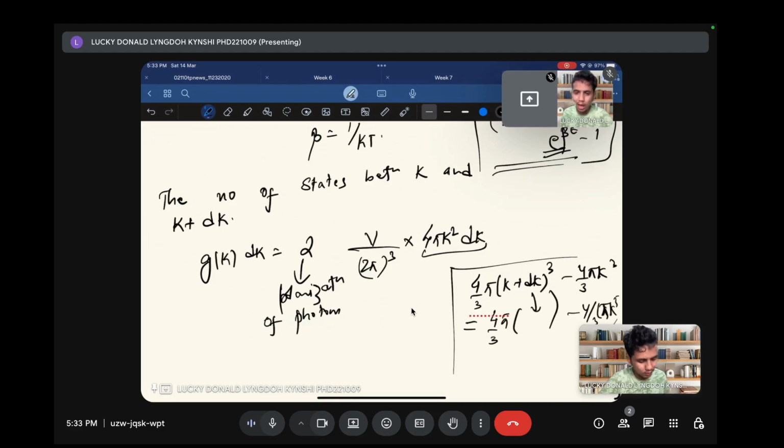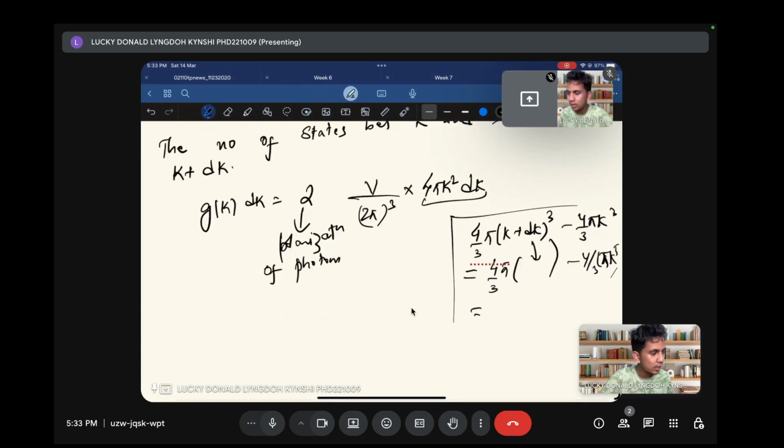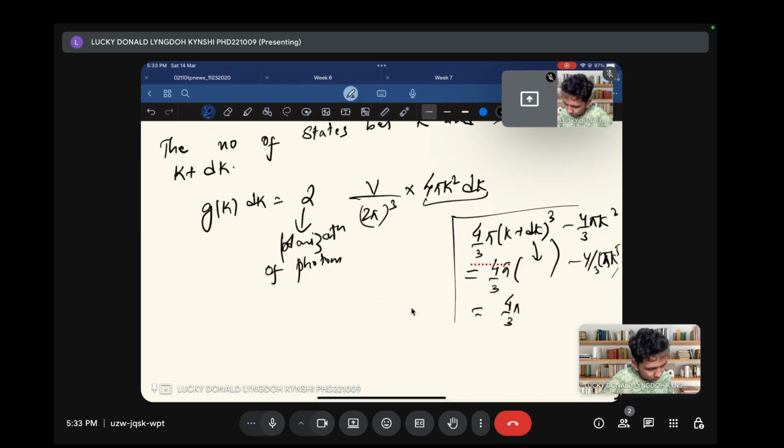cube. What will happen is that you can neglect the higher-order terms, and you can simply get 4 pi k square dk.